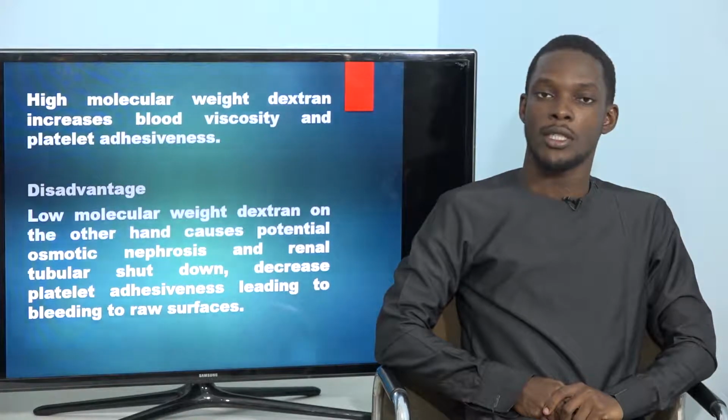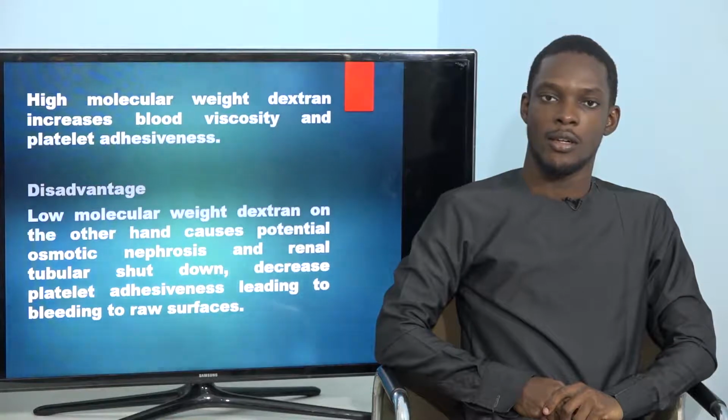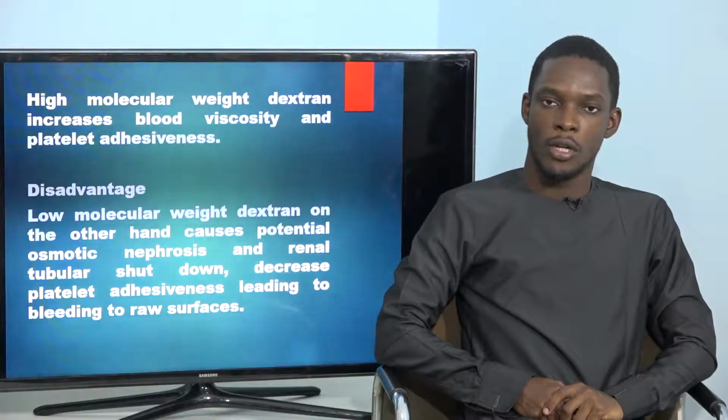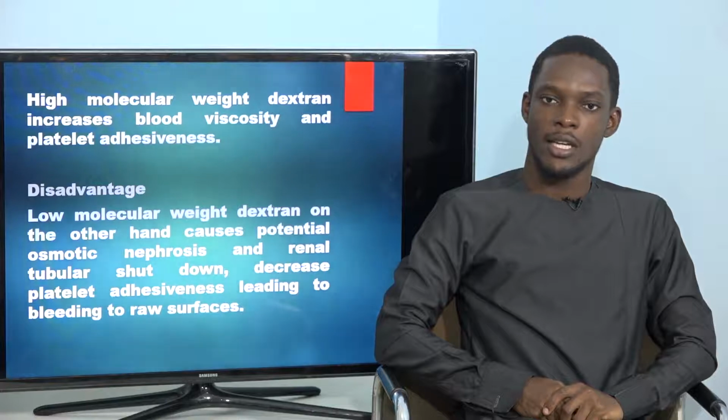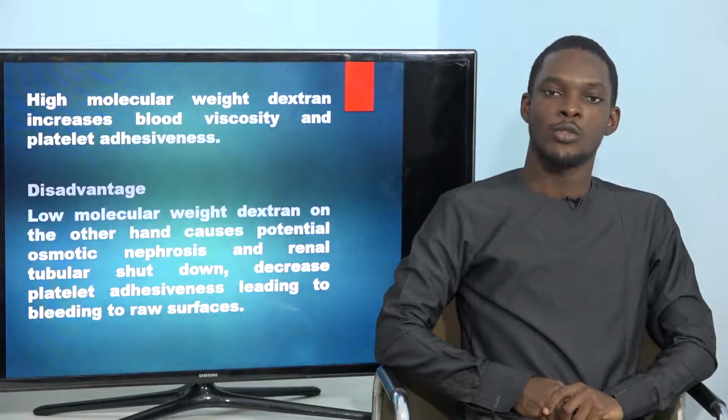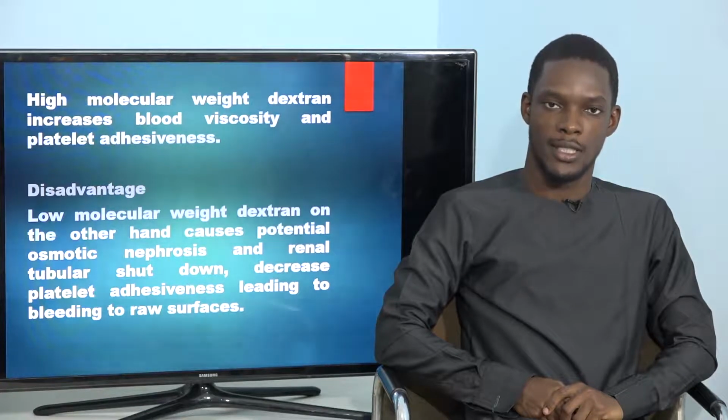High molecular weight dextran increases blood viscosity and platelet aggregation, whereas low molecular weight dextran causes a potential osmotic nephrosis and renal tubular shutdown and decreases platelet adhesiveness, leading to bleeding to raw surfaces.